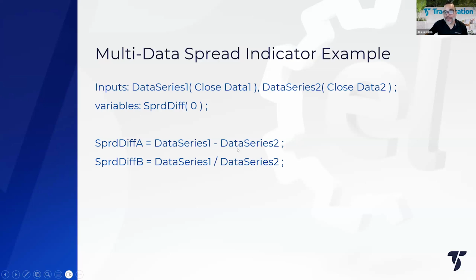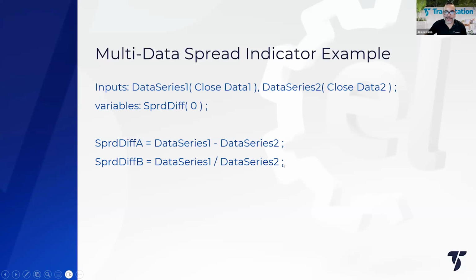And it's going to give you a result, and that's going to be stored in this variable. And spread diff B, again, mathematical formula, data series 1 divided by, we use the / for division, divided by data series 2.